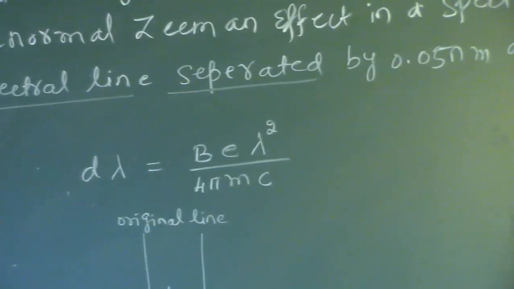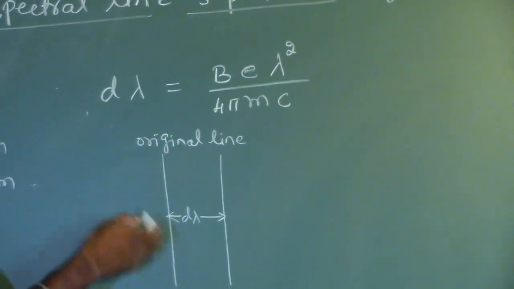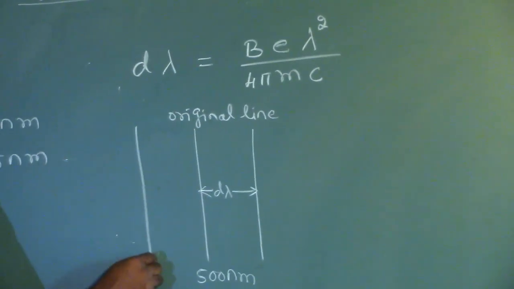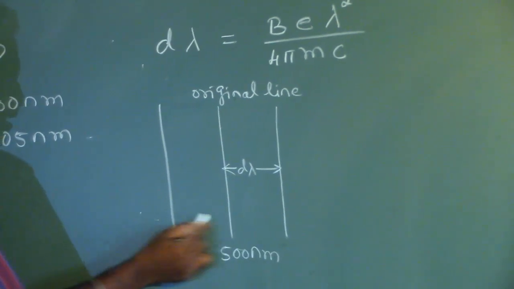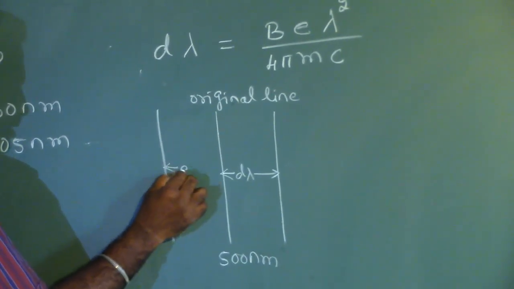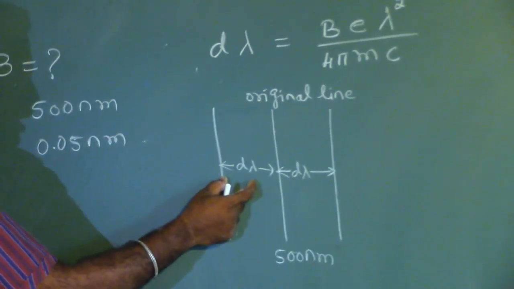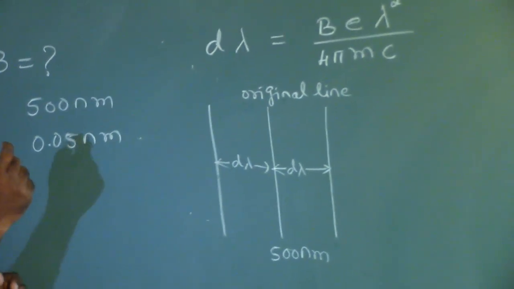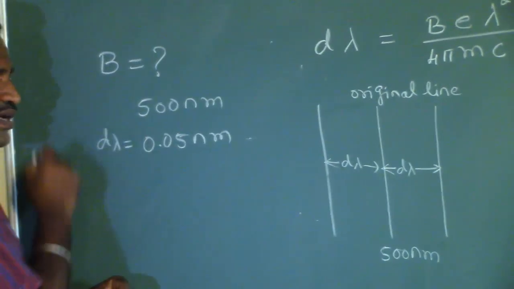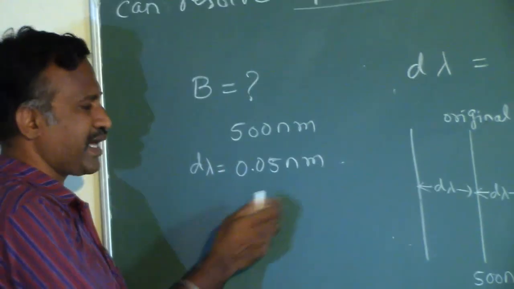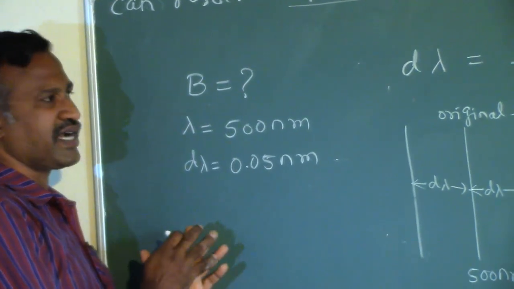They are separated by 0.05 nanometer, which means that about the symmetry of the original line, these Zeeman components obtained due to the presence of the magnetic field will have a shift of d lambda, given by 0.05 nanometer. Therefore d lambda is equal to 0.05 nanometer, and obviously lambda is 500 nanometer.